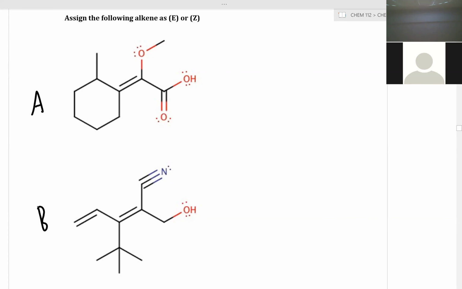You're more than welcome to break out the annotate feature and start writing priority numbers. Or you're more than welcome to use the annotate feature to write your proposed alkene stereochemistry. Whatever works for you. But I'd like to see a few responses and then we'll discuss in about 3 to 4 minutes. And if you have any questions, don't be shy to message me in the chat at this time.